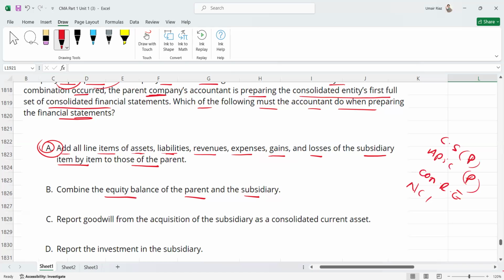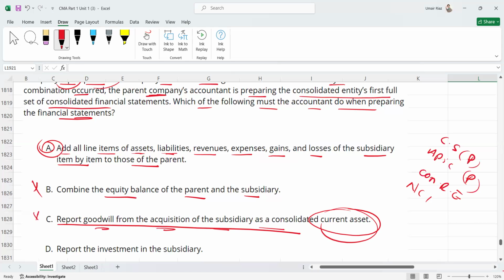So we don't merge equity of parent plus equity of subsidiary. No, this is incorrect. Then report goodwill from acquisition of the subsidiary as a consolidated current asset. This is a correct statement till here, but goodwill is not a current asset. Goodwill is a non-current asset, right? And it is shown only under the consolidated balance sheet. Then this is incorrect, right?